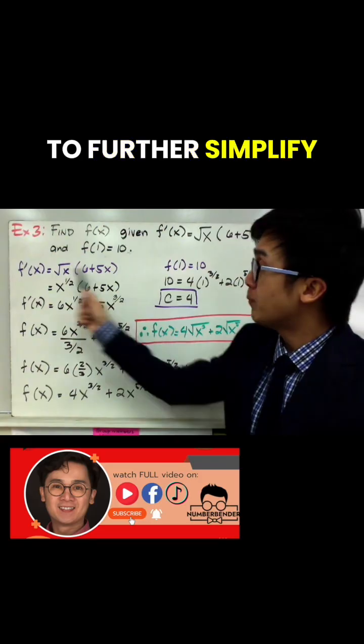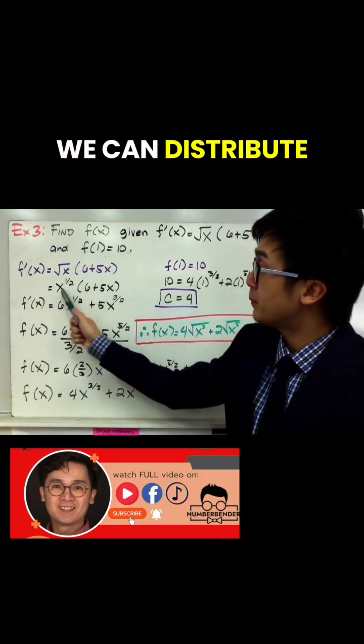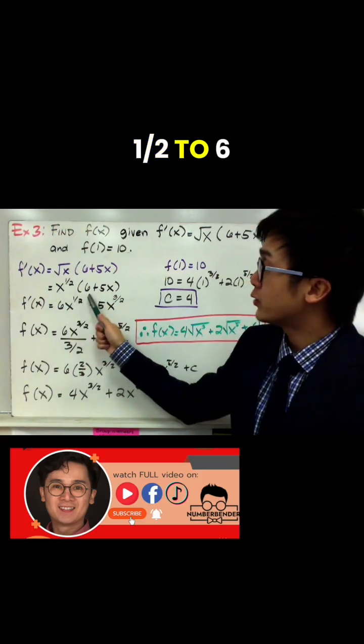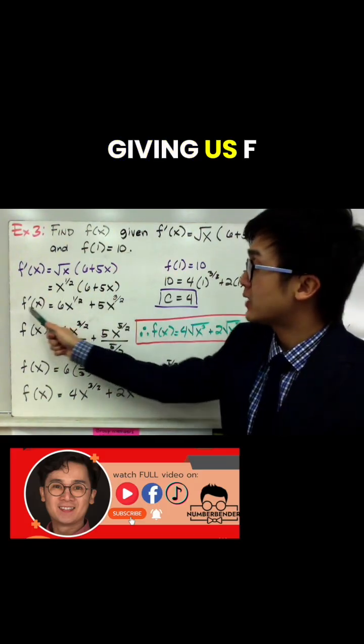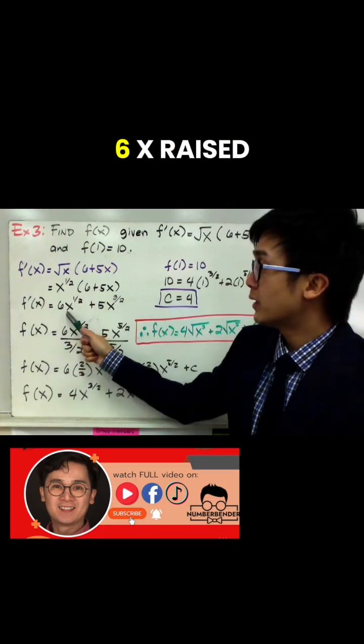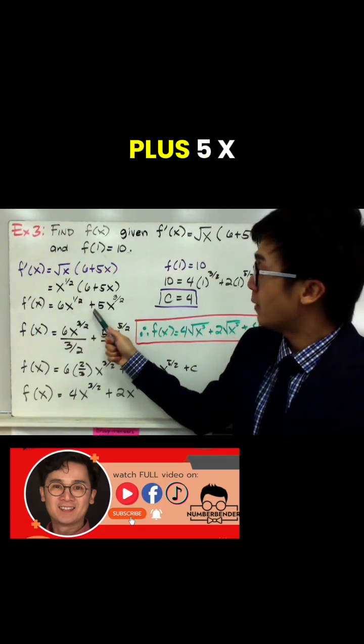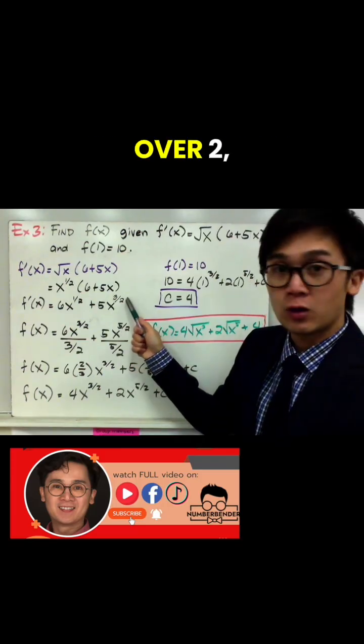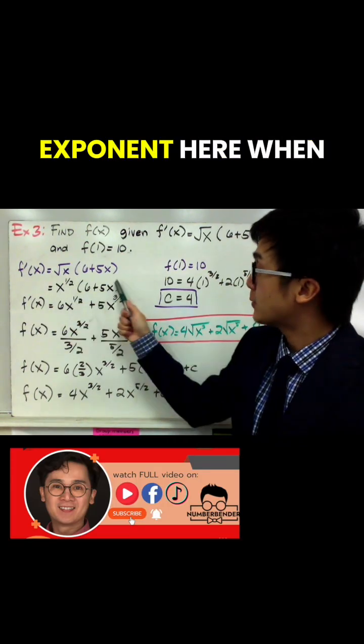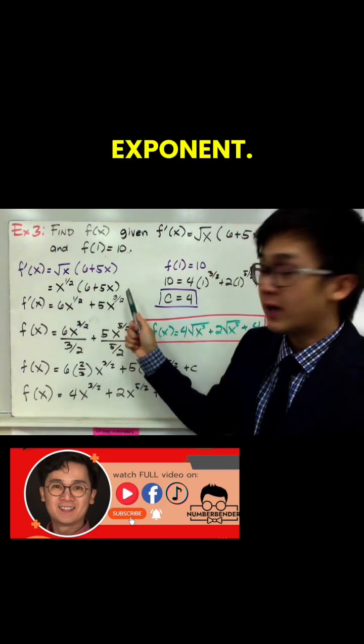To further simplify your function, we can distribute x raised to 1/2 to 6 plus 5x, giving us f prime of x is equal to 6x raised to 1/2 plus 5x raised to 3 over 2, because we're adding exponents when we're distributing.